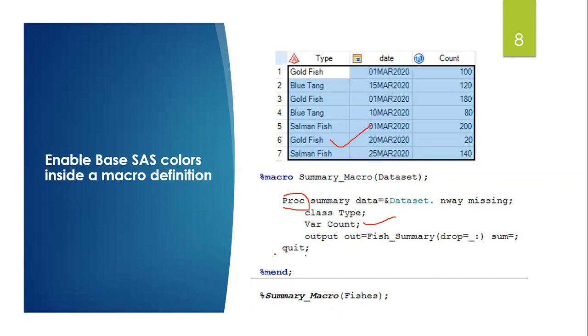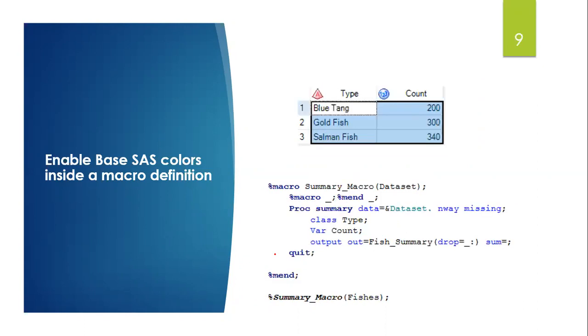But what I was thinking is, if we have that kind of color enabling feature, we can write our programs without thinking about syntax errors or whatnot. So I thought of letting you all know the single statement that we include to enable SAS colors.